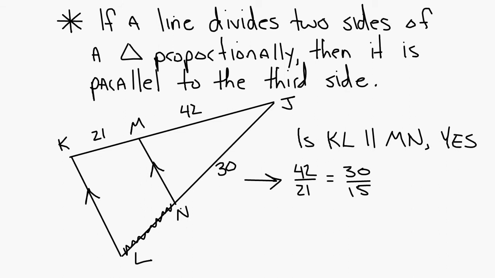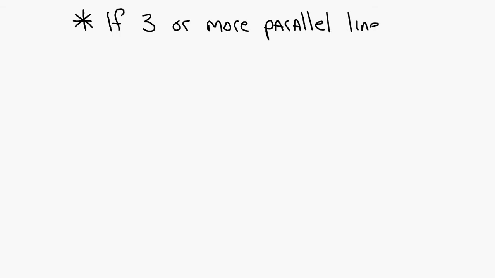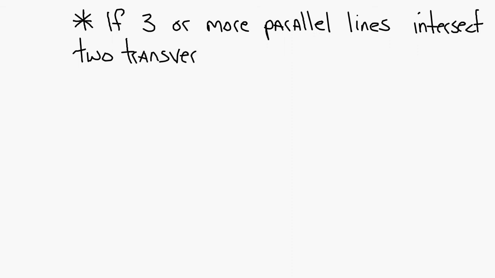And your third rule today is on the bottom of page 496. And it says if three or more parallel lines intersect two transversals, then they divide the transversals proportionally.